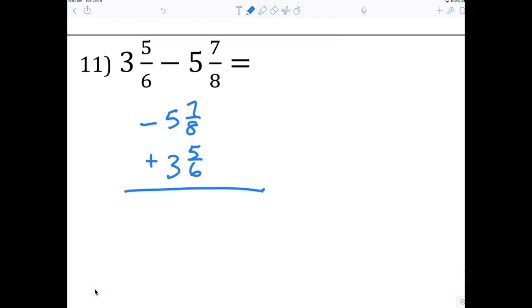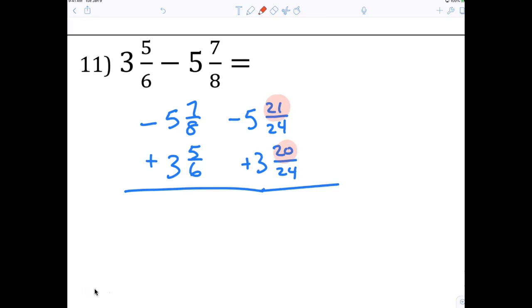Now, the common denominator with 8 and 6 is what? 24. Thank you. So, negative 5 and 21 over 24 plus 3 and 20 over 24. Since I'm subtracting, do I have to borrow here? No, I don't have to borrow because I'm doing what? 21 minus 20.